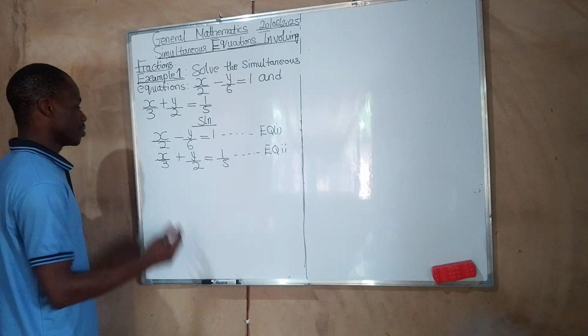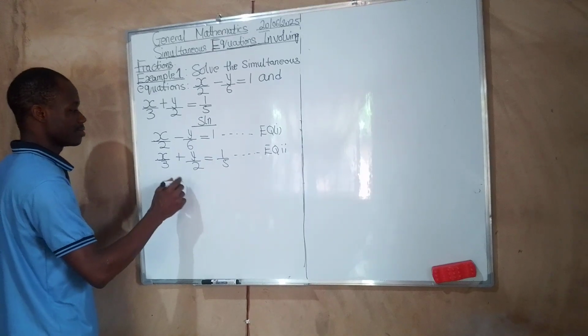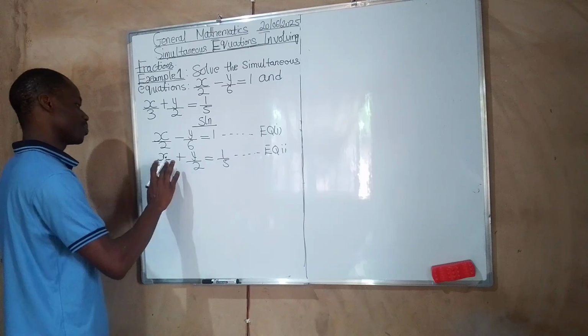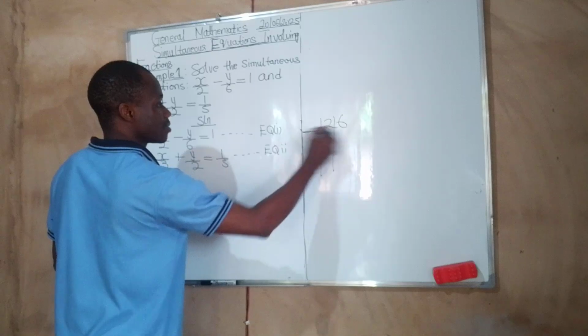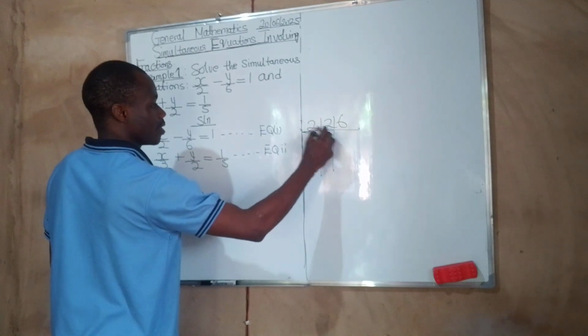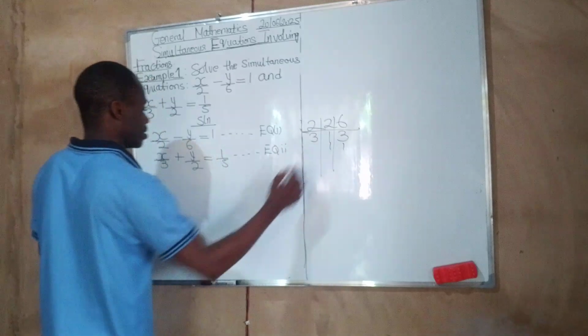So now the LCM of 2 and 6. We all know that from primary school it is 12. No, it's going to be 6, because we have 2 in 2, 1, 2 in 6, 3, 3 here, 1, 1, 2 times 3, 6.